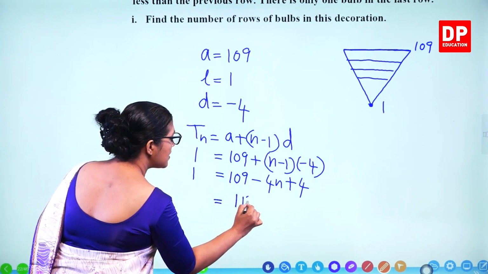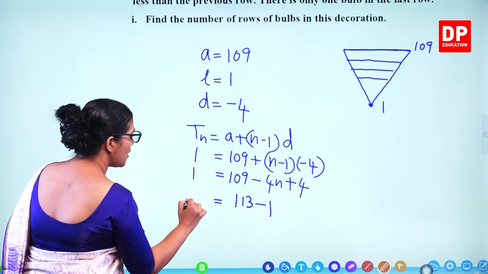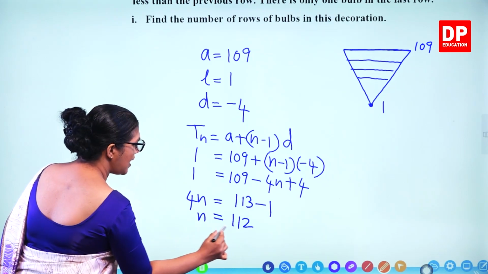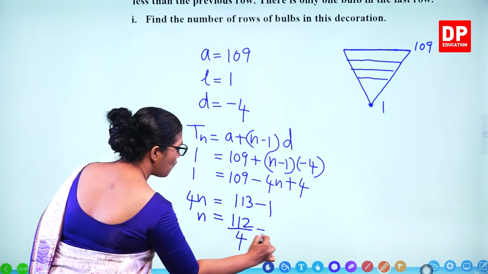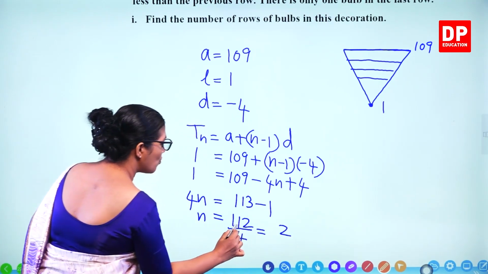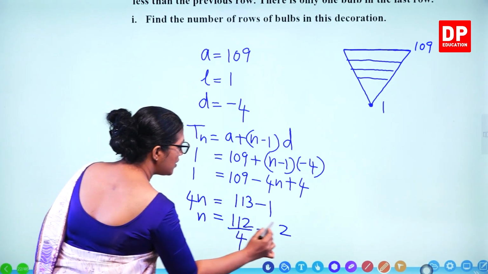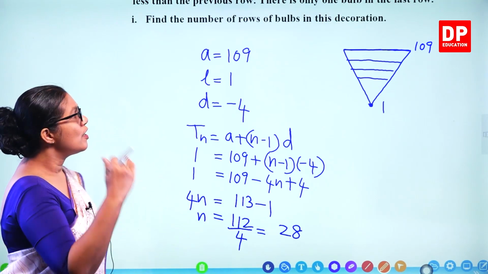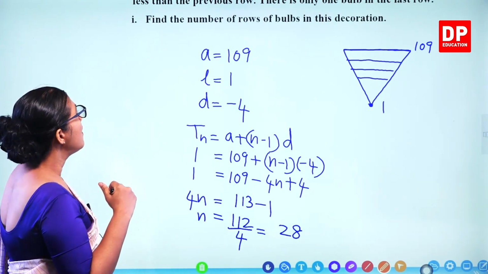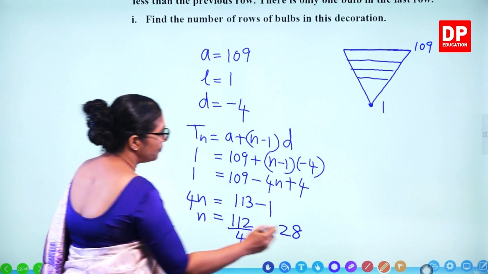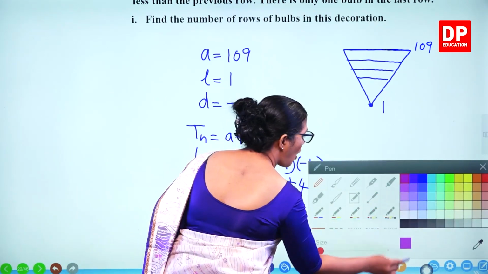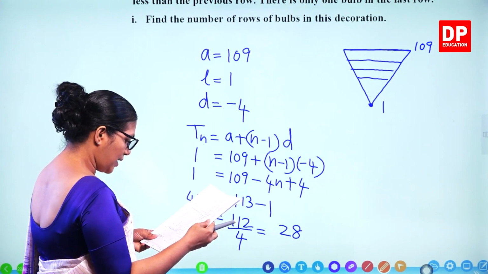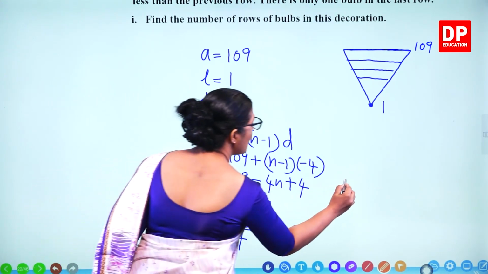So 113 minus 1 is equal to 4n. That's 112. So what is n? You divide by 4. 4 times 8, 32. So that means 28 rows are there. So how many marks for that? You get 3 marks for this question.